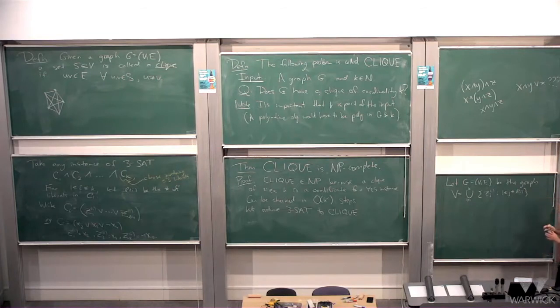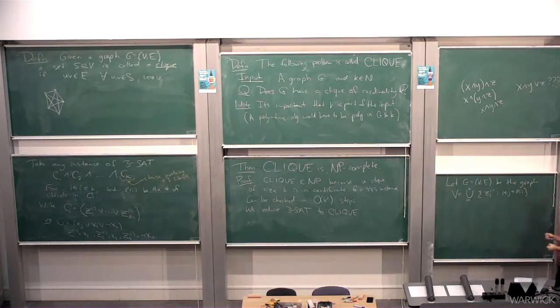We think of these as all distinct. There could be many clauses that involve the variable x1, but for all of those clauses, we make a separate vertex for x1.